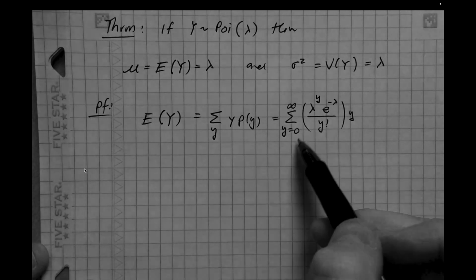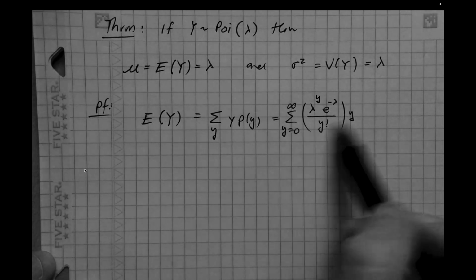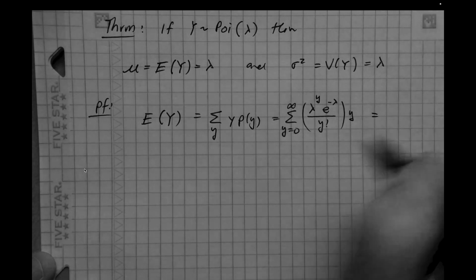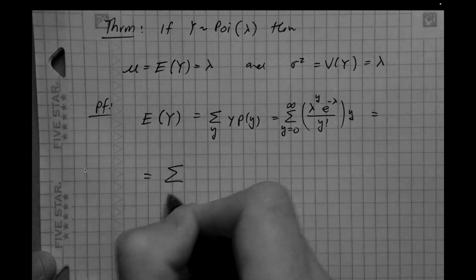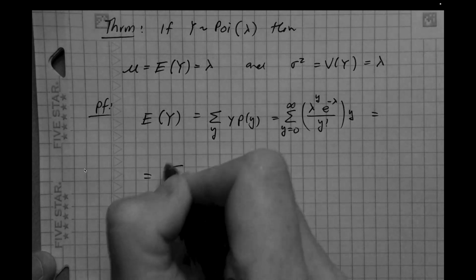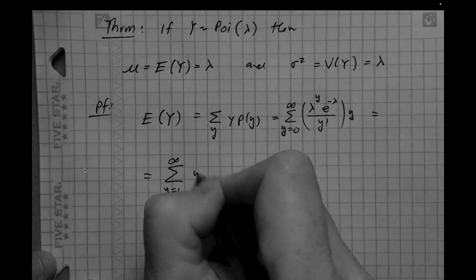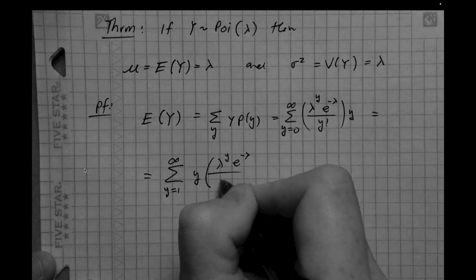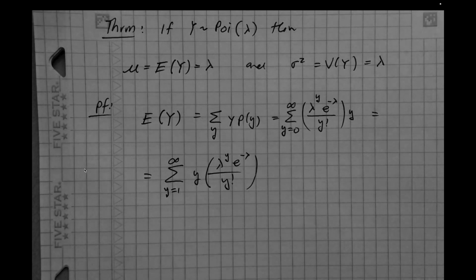Now the first term, in this case, is going to be 0, since y will be 0. So we can increment this up to 1, and that's always helpful to do. So y equals 1 up to infinity of y times lambda to the y, e to the negative lambda over y factorial. Okay, so the first term is 0.